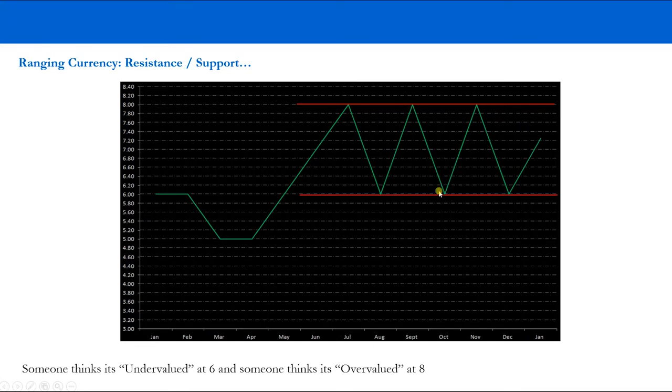And whenever the currency pair seems to get to this level, the 6 level, supply dries up and demand starts to outstrip supply, and the currency pair turns around and we get demand outstripping supply continuously until we get back to resistance levels. So how do we interpret this properly?